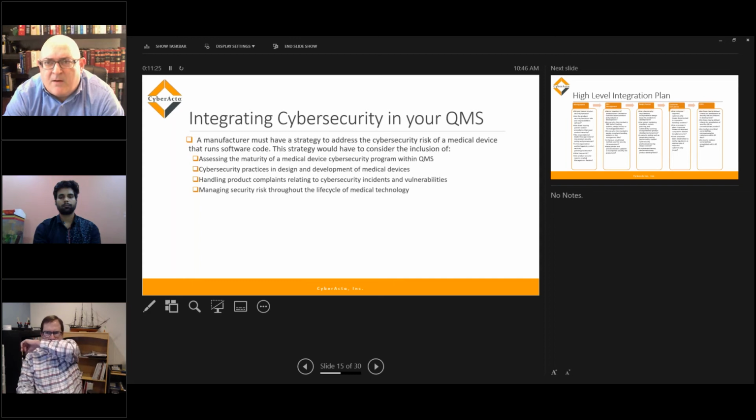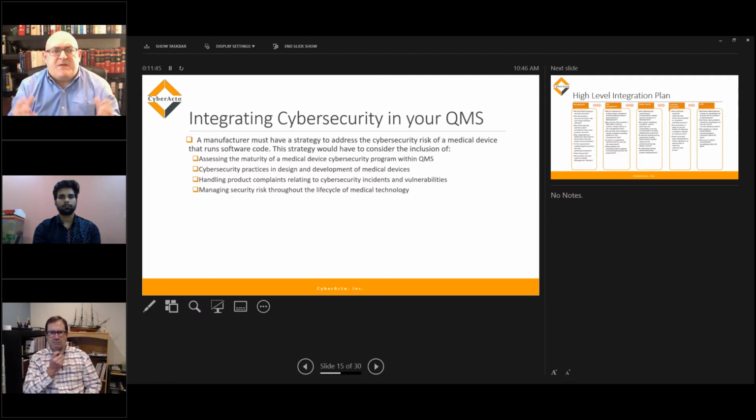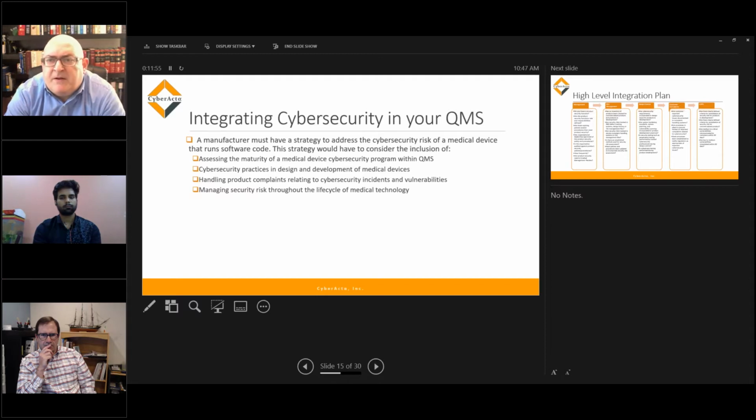Like everybody else, the regulatory bodies rely on complaint management, so it's important to understand how we discern and evaluate complaints relating to any incidents or vulnerabilities that we discover. And last but not least, how do we manage risk throughout the life cycle of any medical technology. So there are 4 pillars that we need to be aware of.